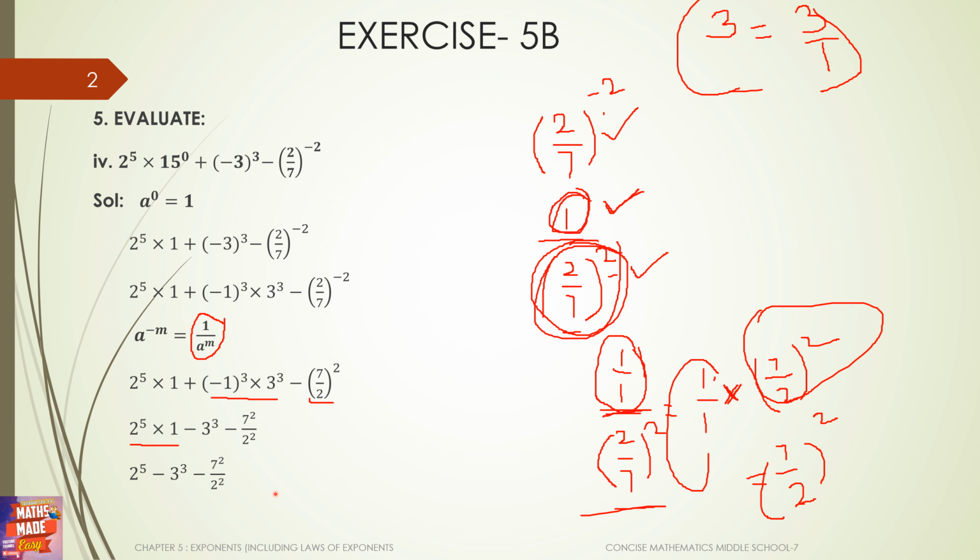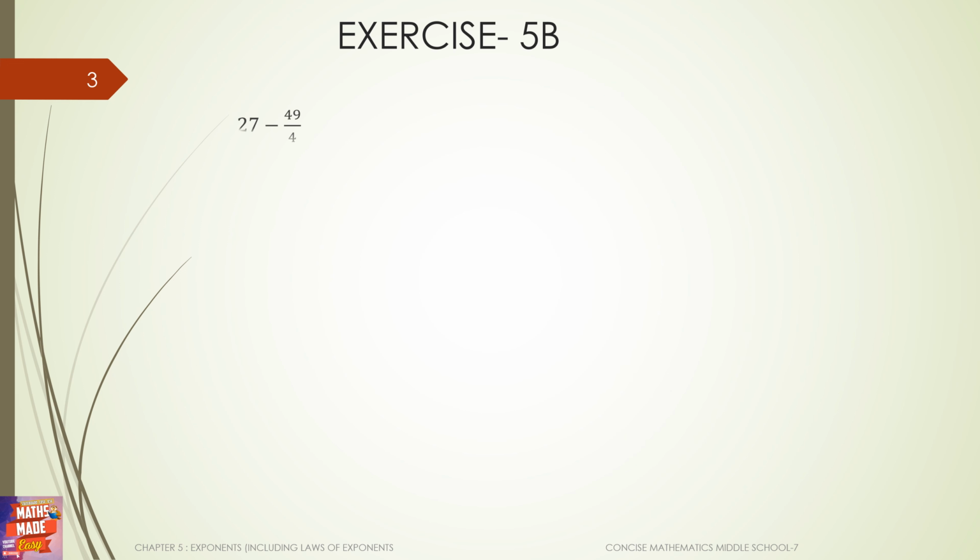Now just compute the powers of all the terms. That is, 2 should be multiplied 5 times, that is 2 into 2 into 2 into 2 into 2. So it will be 32 minus 27 minus 49 by 4. Now we all know that only fractions can be added together, or else both the numbers should be integers, then only they can be added or subtracted.